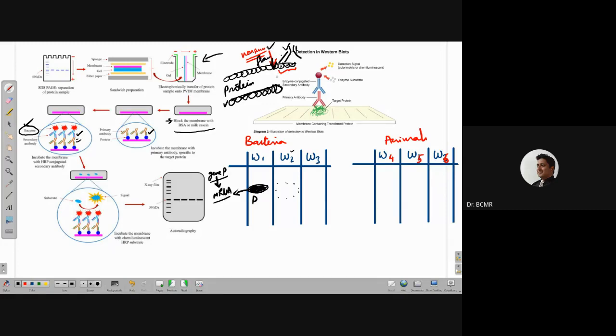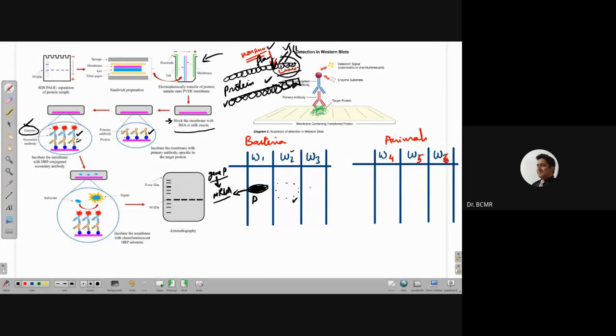What would happen then? These amino acids would have been changed. In that case, the antibody would not be able to recognize this particular protein, or there might be a different type of amino acids here, because of which the antibody will not be able to bind. Then too, one may not have a band there.